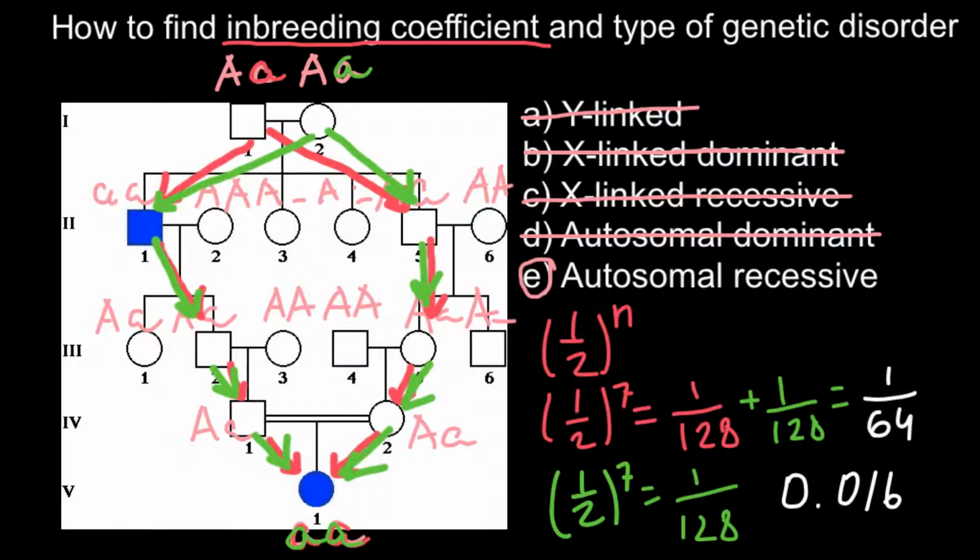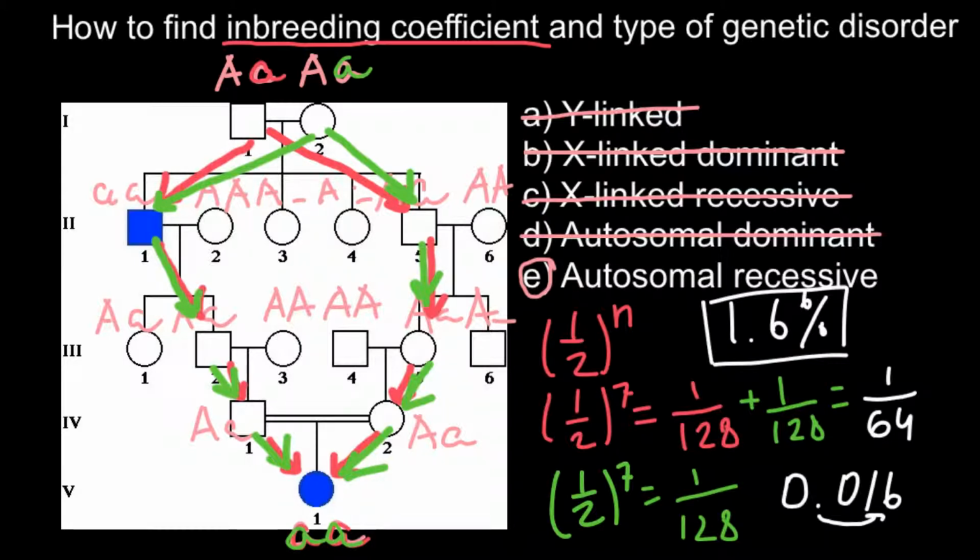And this is going to be inbreeding coefficient, and if you need an answer as percentage, we have to multiply this number by 100, or move this decimal point 2 places to the right, and as you see, the answer would be 1.6%. And this is going to be our answer to the second question.